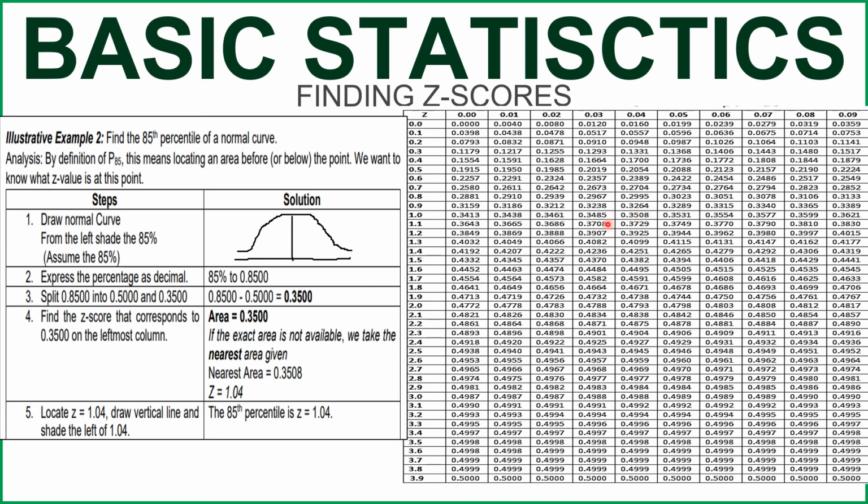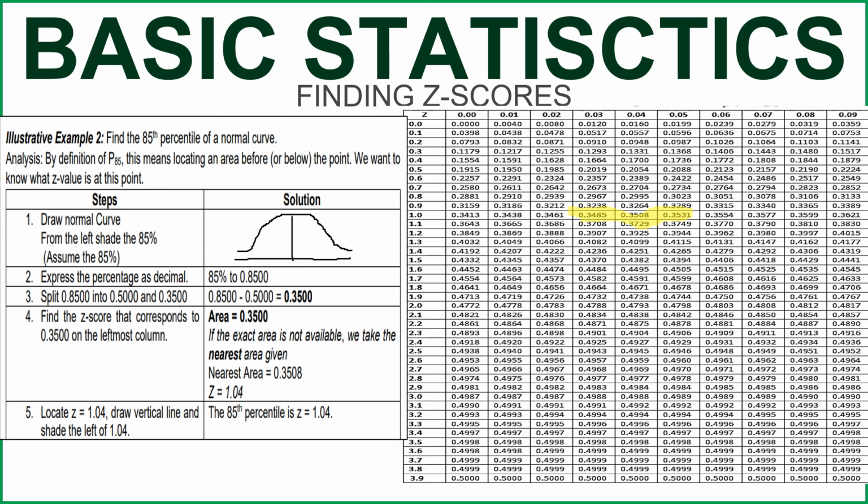So, i-shade natin yung part na yon. Saan na? Ayan, eto. Yellow. Okay. So, eto. Ayan. Yun yung mga numbers.